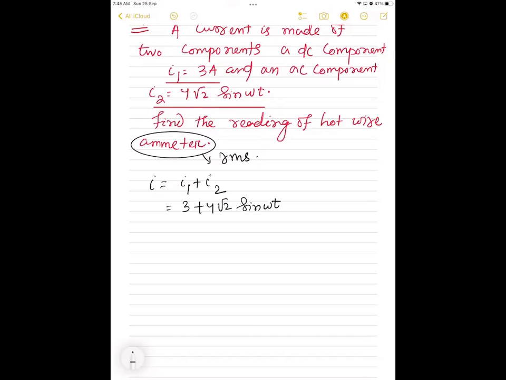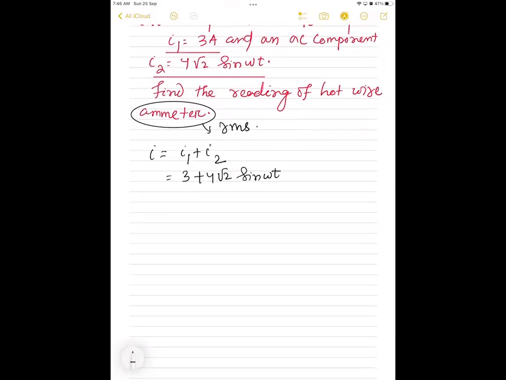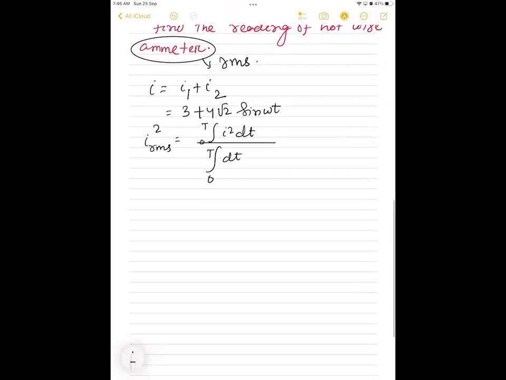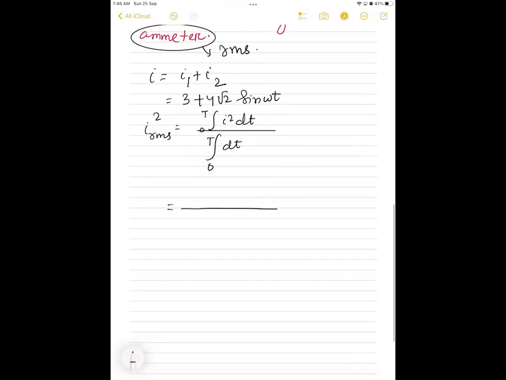If I'm interested to find IRMS square, that is equal to integrating I square dt from 0 to t, by t. This is the formula we have derived for IRMS.